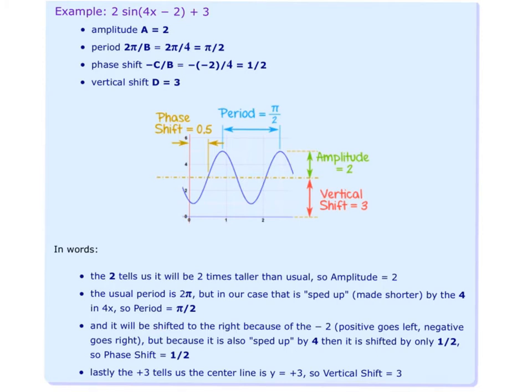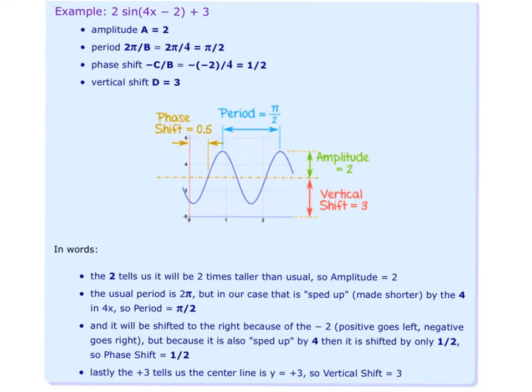So now let's check out an example of how we can mess around with these things by plugging in different numbers that are not 1 into A, B, C, and D. Our amplitude is this first number here, that's going to be 2. If it was negative 2, the amplitude would still be positive, because remember it's the absolute value of that A value. The period is going to be 2 pi over B, and if my B is 4, that becomes pi over 2.